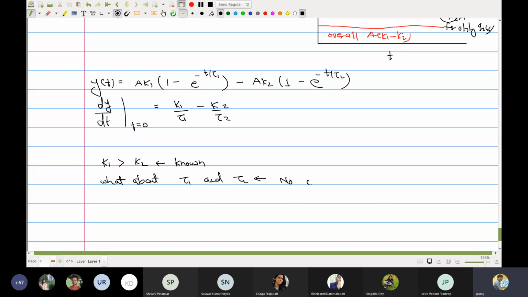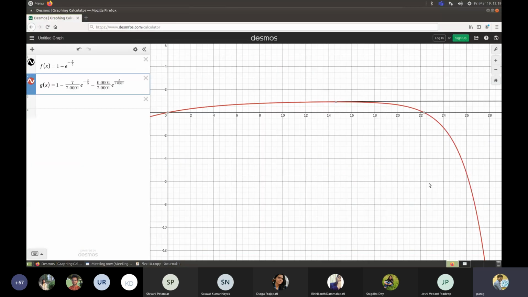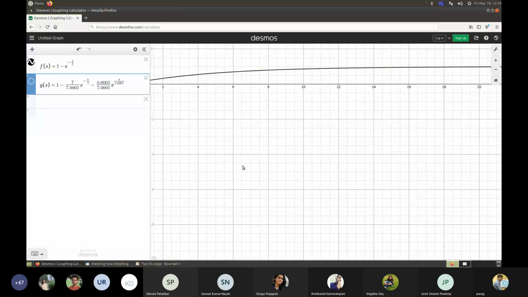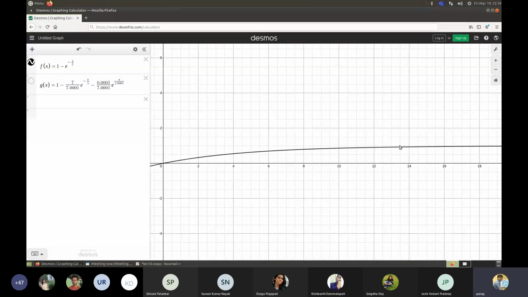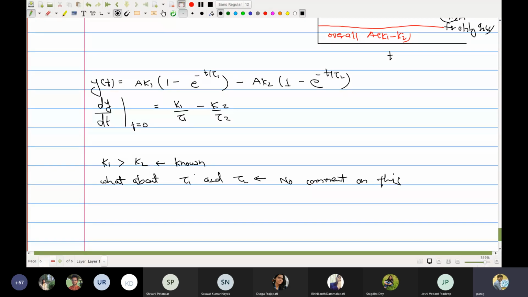There is no comment on this, right? So if we see the response of every single input which has been given like this, what was traditionally the response, or dy by dt?